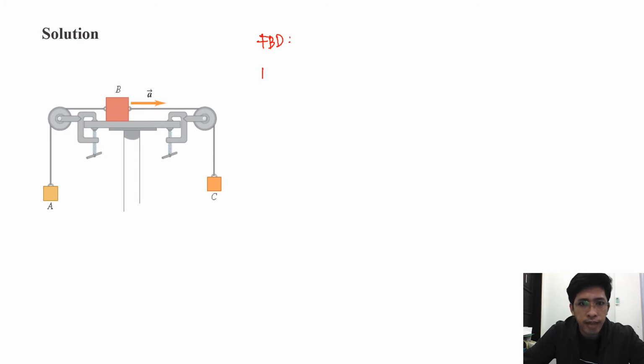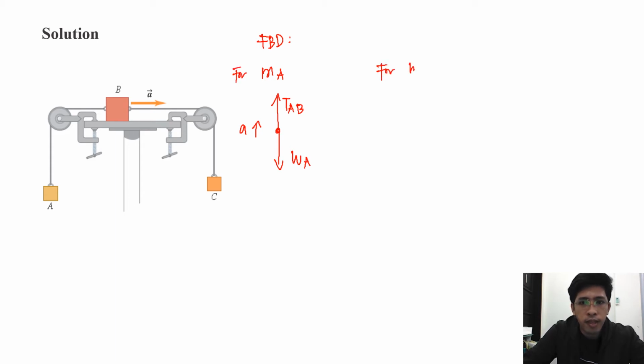For mass A, the forces acting here are just the tension TAB and the weight of mass A. And we include the direction of the acceleration. It goes upward when block B moves to the right. So this is again for mass A.